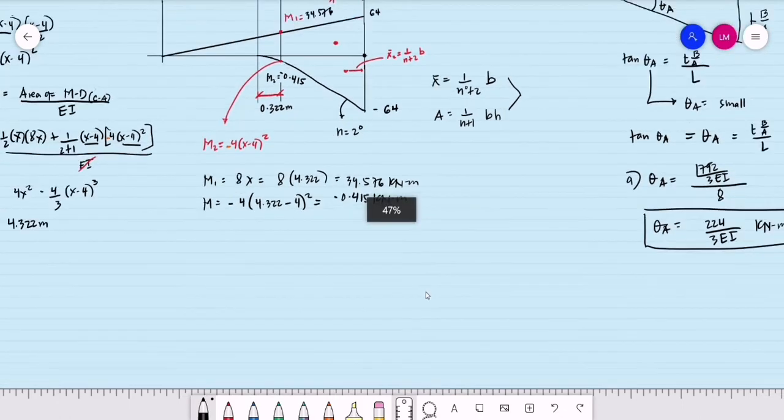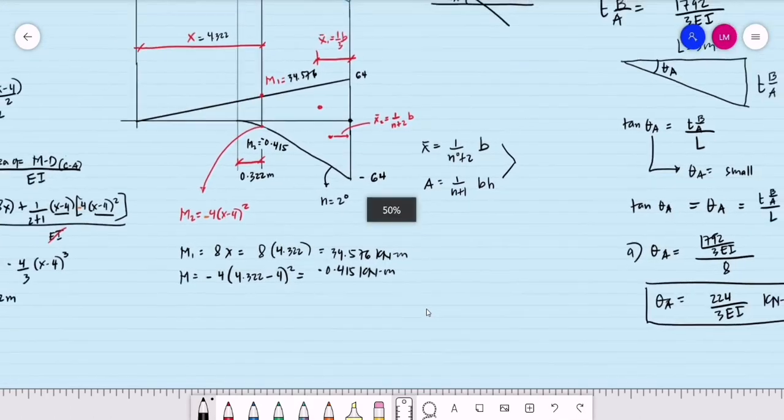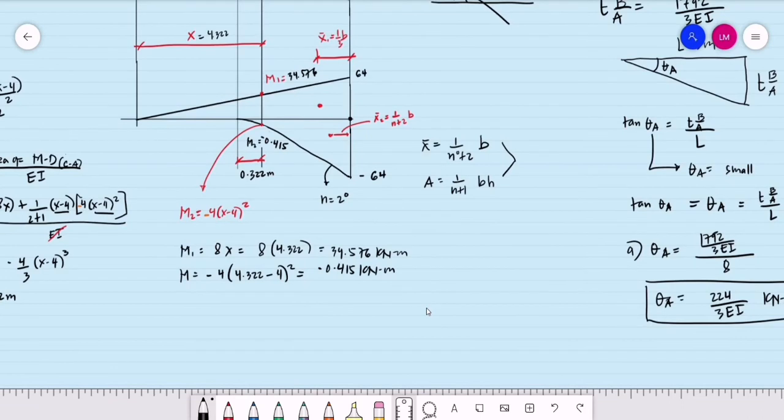I'm computing now for letter B, the second requirement. All we have to do is base this one on this portion of the moment diagram. We consider these areas within the span of x equal to 4.322 meters.